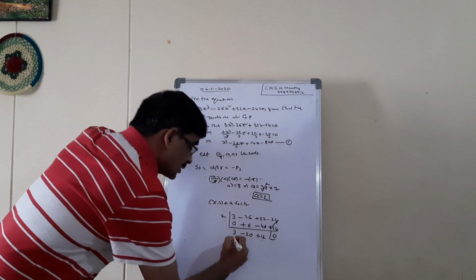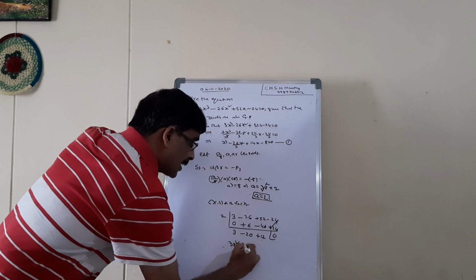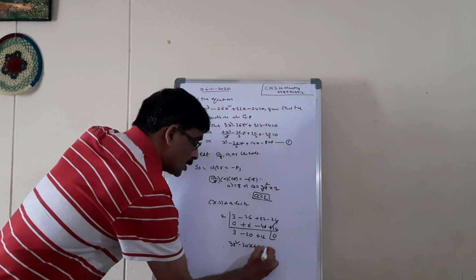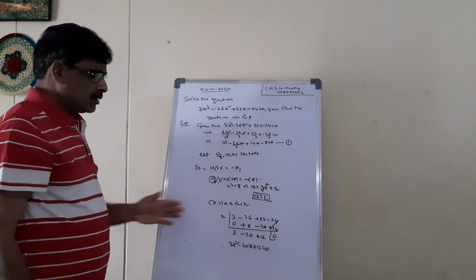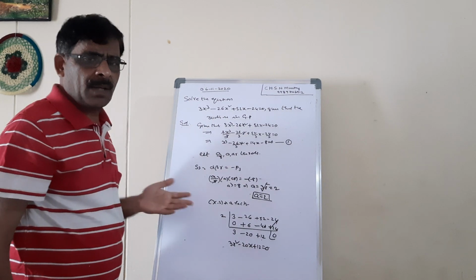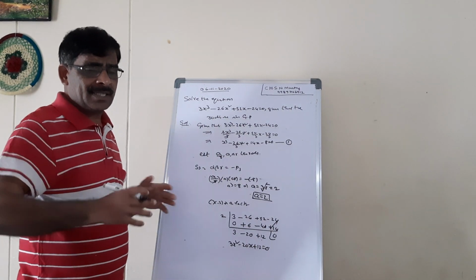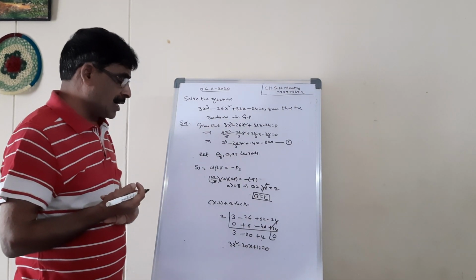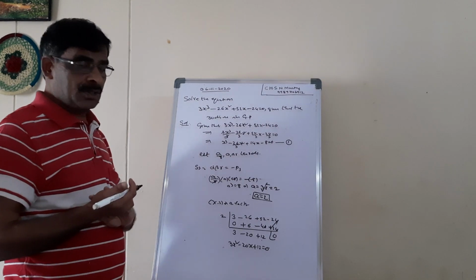So the remaining is 3x square minus 20x plus 12 equal to 0. You are familiar with this synthetic method. You did so many problems in 10th class in the Remainder theorem chapter.